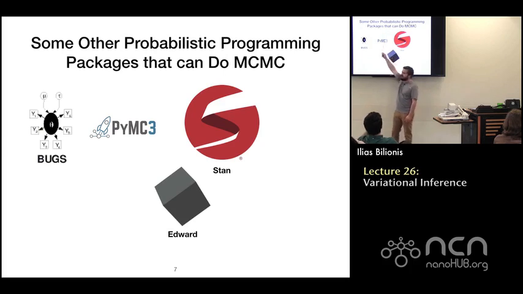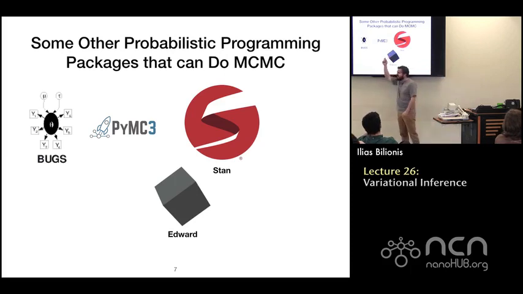PyMC3 is the successor of PyMC2, and the main difference is that PyMC3 is written in a package called Theano that uses symbolic calculations to get derivatives of whatever you give it, okay? So the problem with the classic PyMC is that it used simple Python code, so it couldn't take derivatives of your functions on its own, okay?